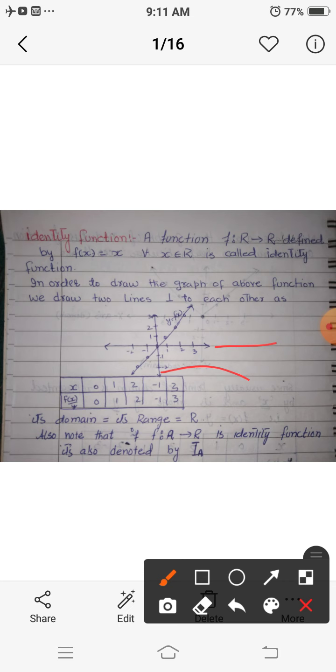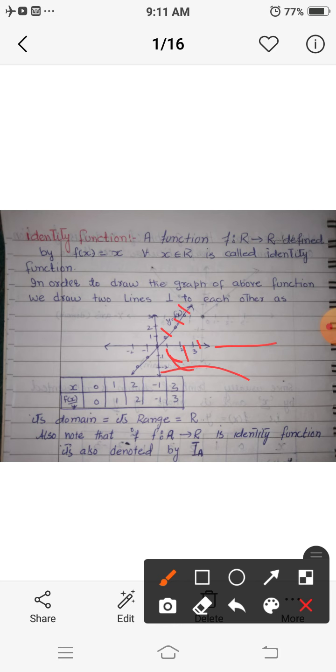So this means that we have to take each and every point on this x-axis, on this domain axis. At 0 the value of the function is 0, because f of x equals x, or it maps 1 to 1, 2 to 2, or x to x. That is, when x equals 1, y equals 1, when x is 2, y is 2, when x is 3, y is 3.